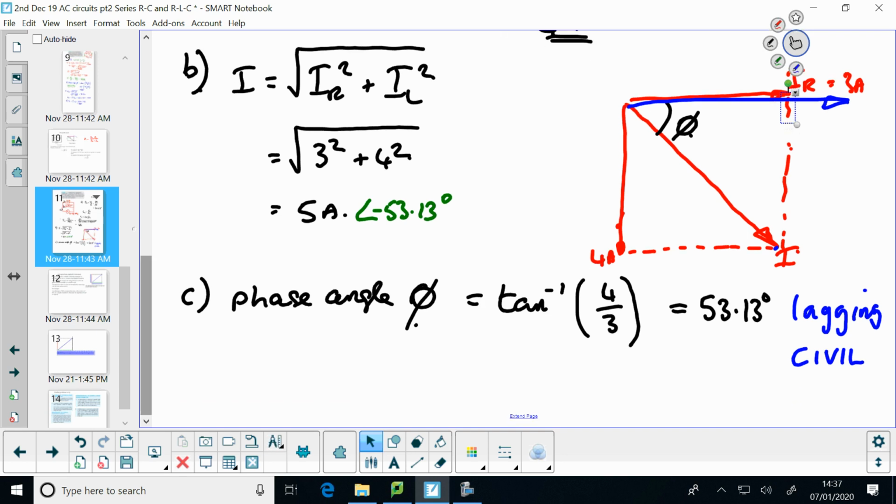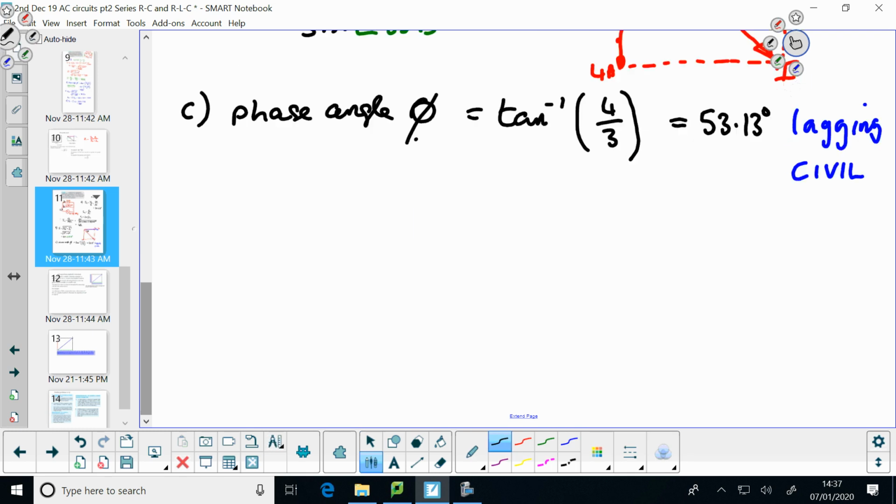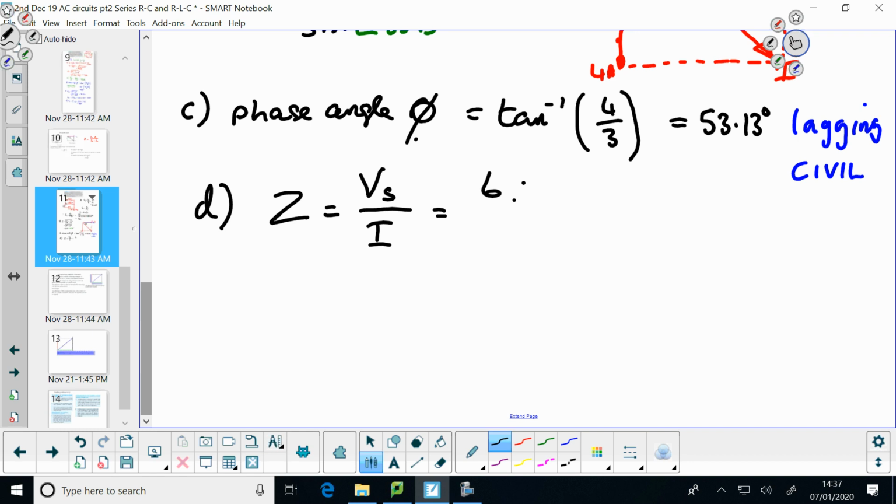Last bit, D, circuit impedance. How do I calculate circuit impedance? 60 over 5 equals 12 ohms.